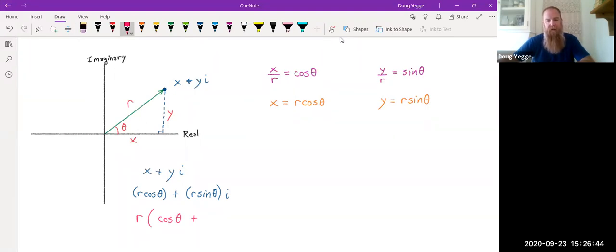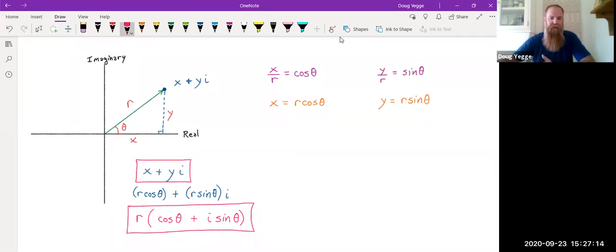But because I don't want to get confused about the fact that sine theta i might have the i attached to theta, we avoid that kind of ambiguity by just putting the i in front, and we rewrite it as r times cosine theta plus i sine theta. So all complex numbers in the form x plus yi or a plus bi can all be written in what we refer to as trigonometric form.